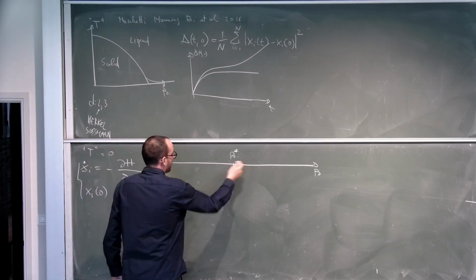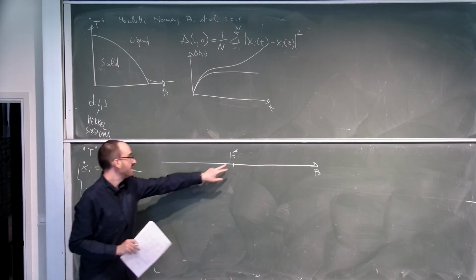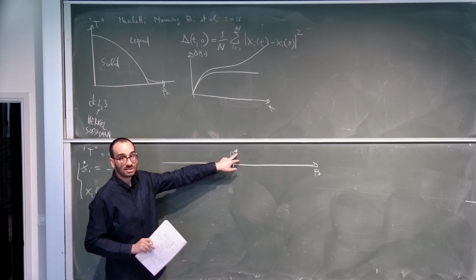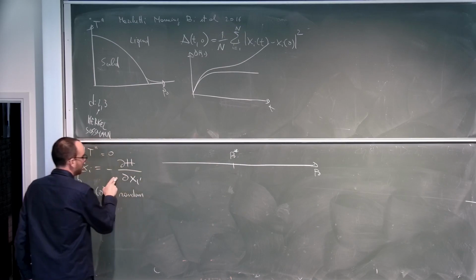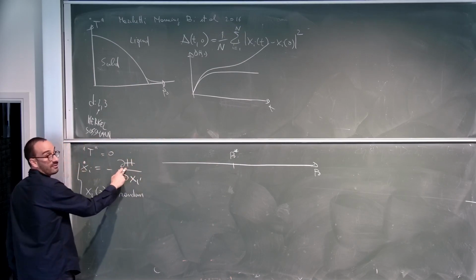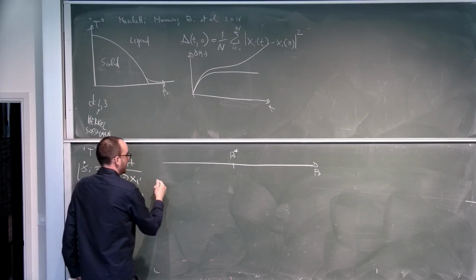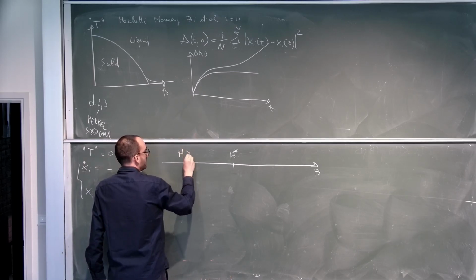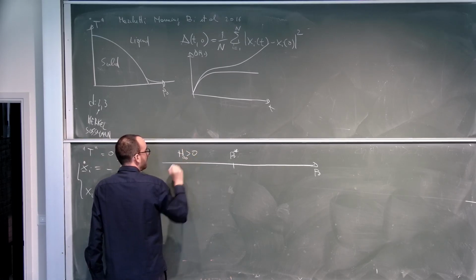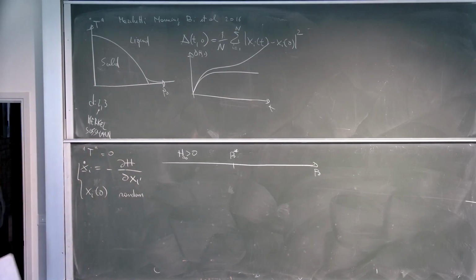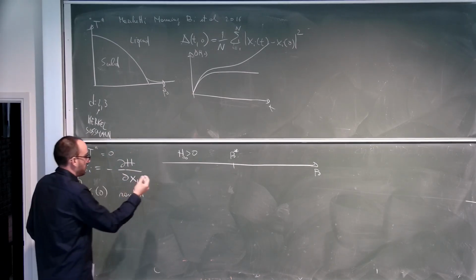And what are the properties of these two phases? If p0 is smaller than p0 star, the endpoint of this dynamics is a local minimum of H, but this local minimum has a positive energy, H infinity, let me call it. And so it's a local minimum.